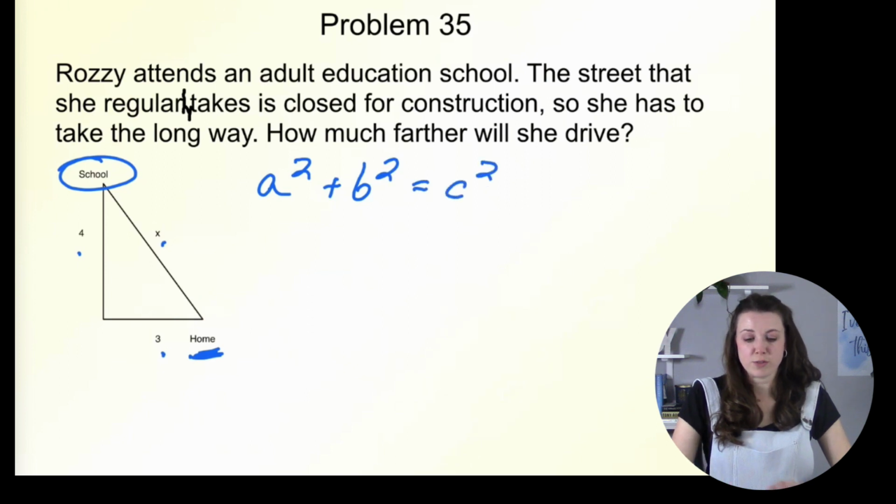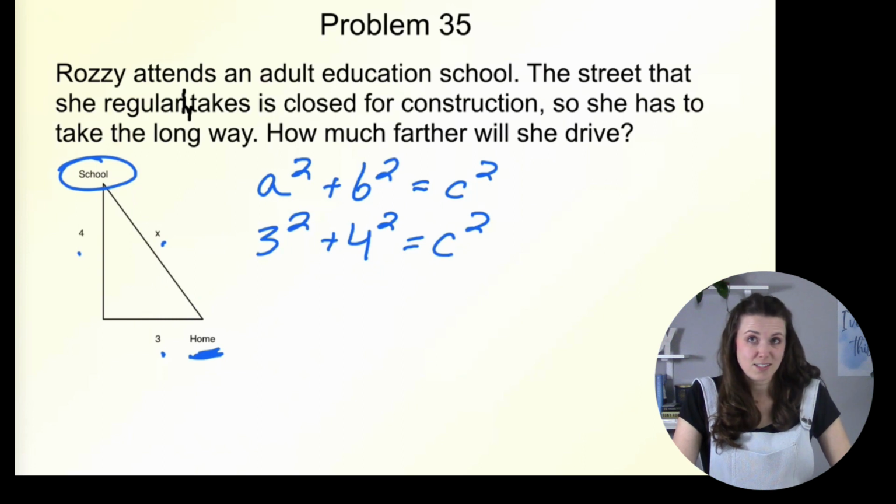So the first thing we have to do is figure out how many miles is it usually for her to get to school. So I'm going to take a as our 3, so I have 3 squared, plus b, which is 4, so add the 4 squared, equals c squared, because I don't know what this c is. I could put an X or any letter, it's fine.